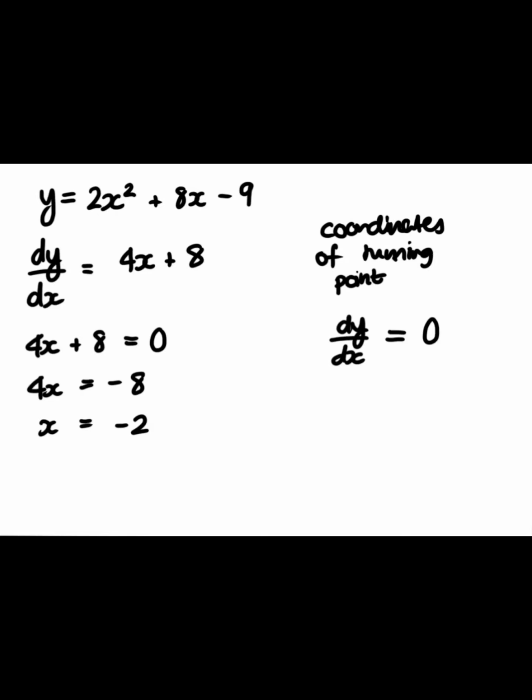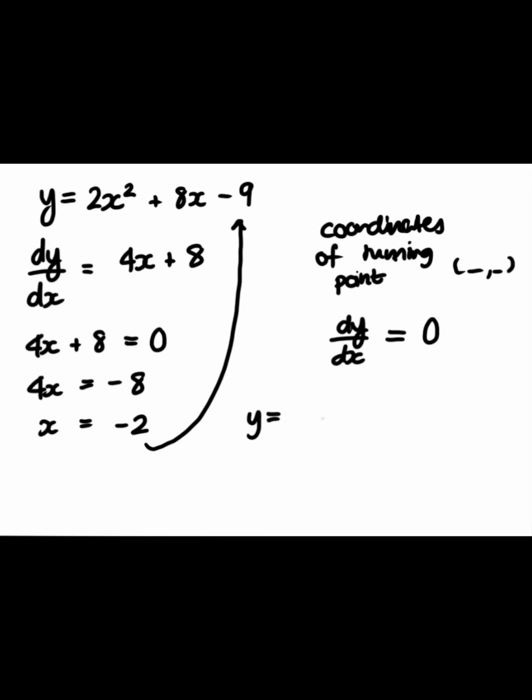So that's all well and good. We found the x, but you should know that coordinates mean they want it in this format. You need the x coordinate and the y coordinate. So in order to find the y coordinate, as you would with any other question where you know the x coordinate but not the y, you just substitute it back into that first equation.